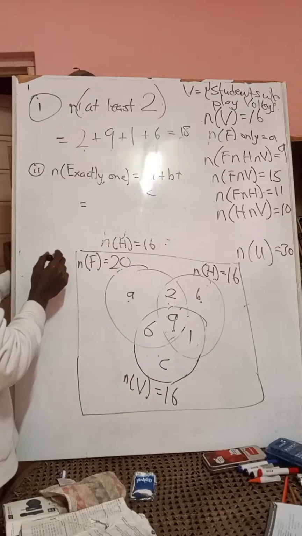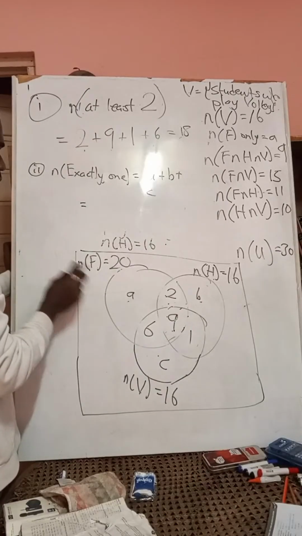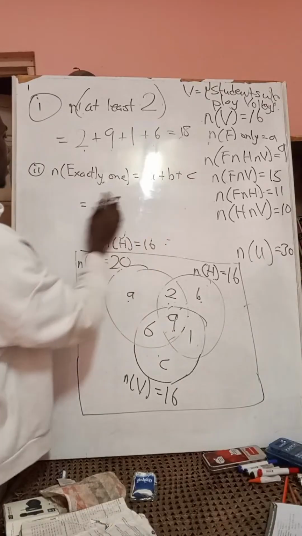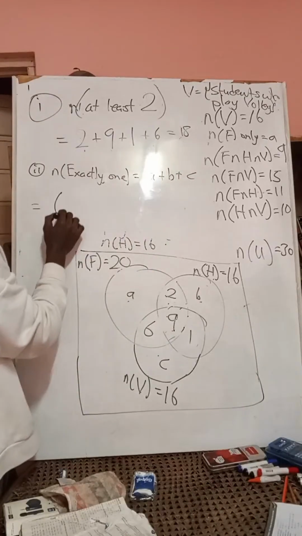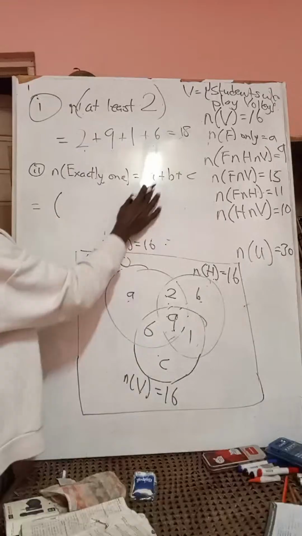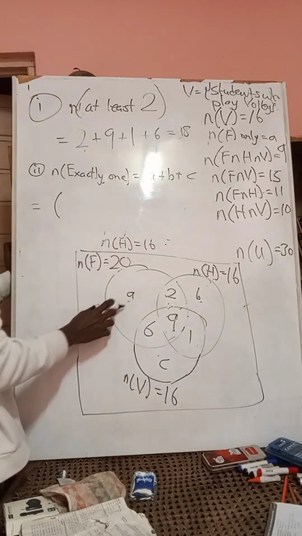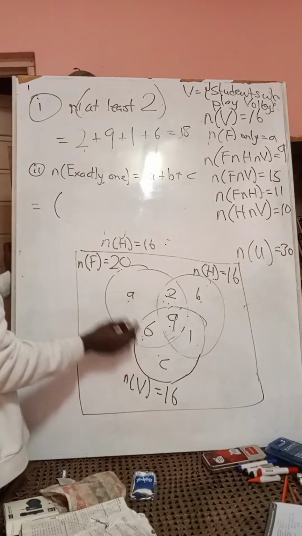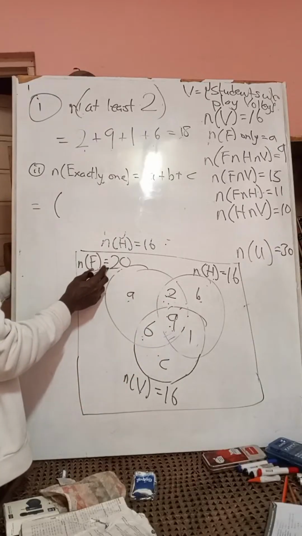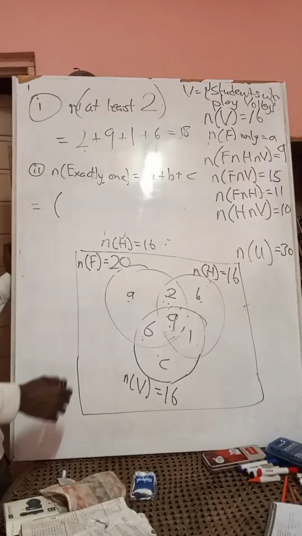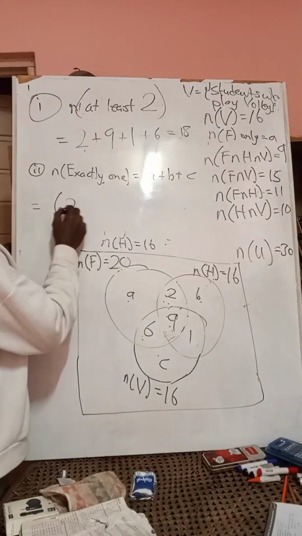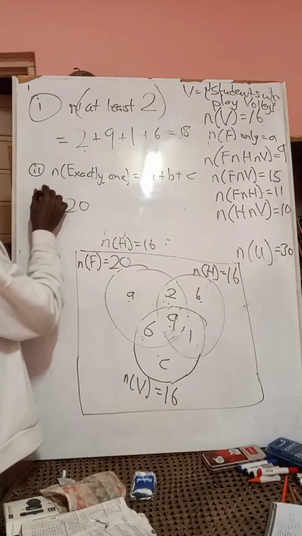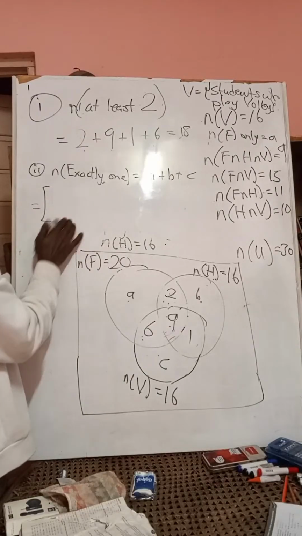So how are we going to find this side? After writing A plus B plus C, you can come back into brackets. The first bracket represents how you find A. We can deduct all of this side, which is 2 plus 9 plus 6, from 20.